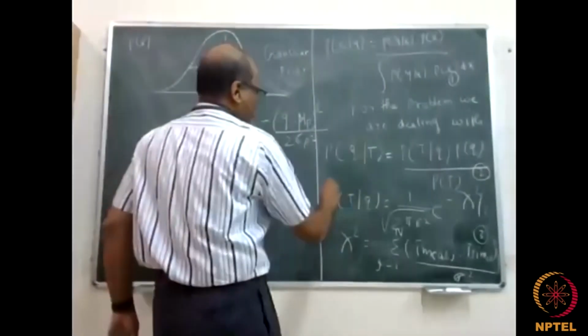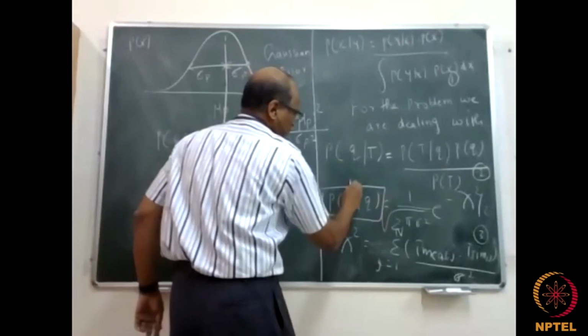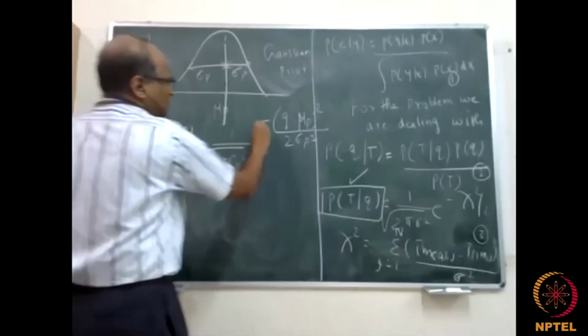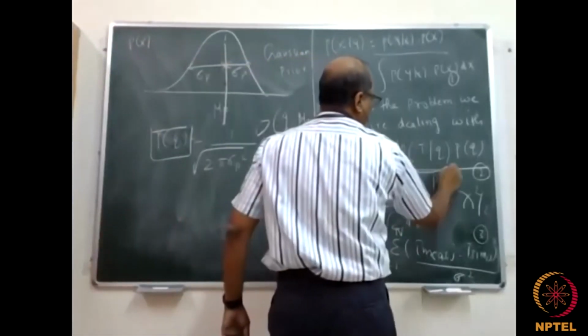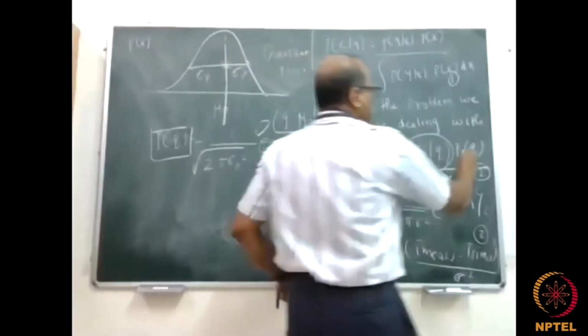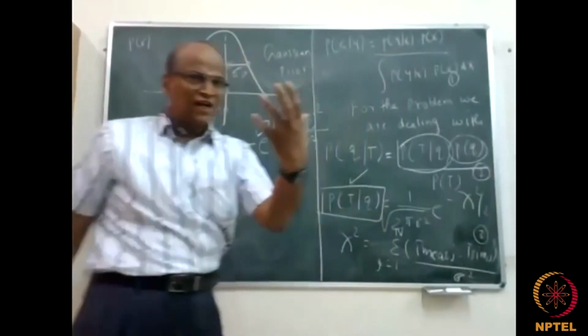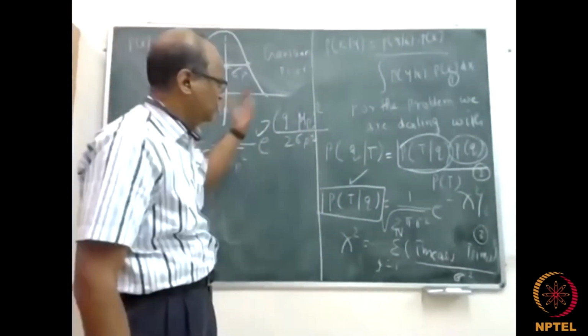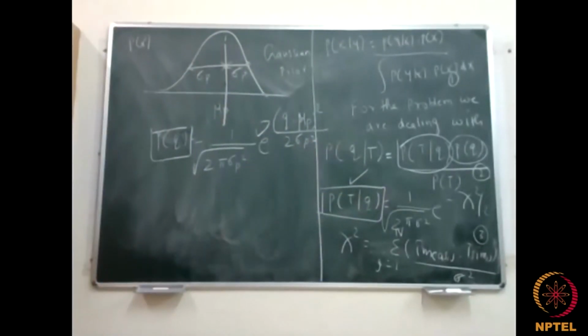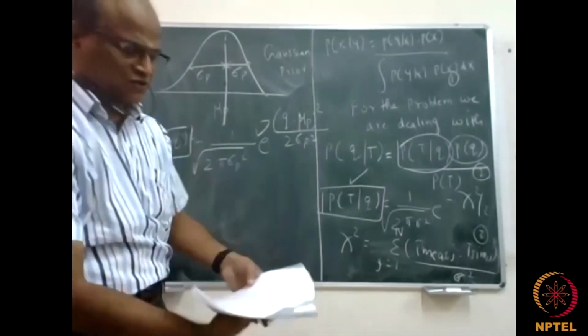Therefore, you have P of T given Q, which comes from the forward model and the measurement, and P of Q, which is your engineering intuition or your belief, whatever you say. If you combine these two, you can mathematically combine these two.